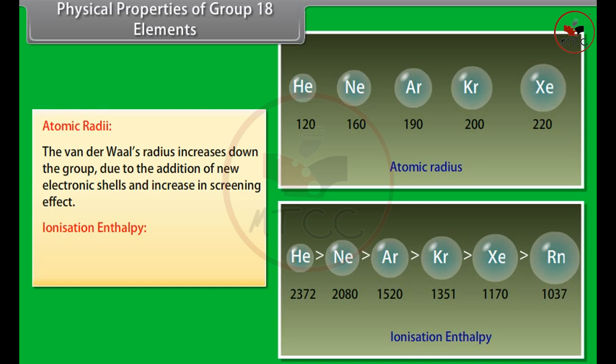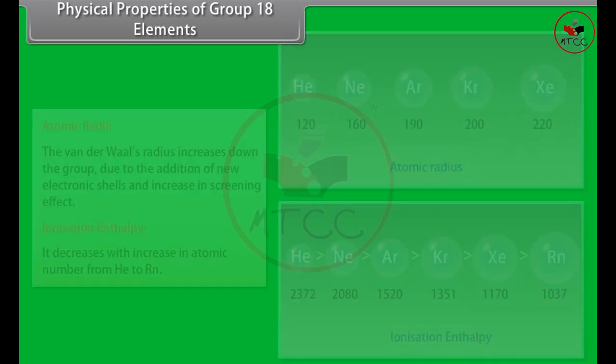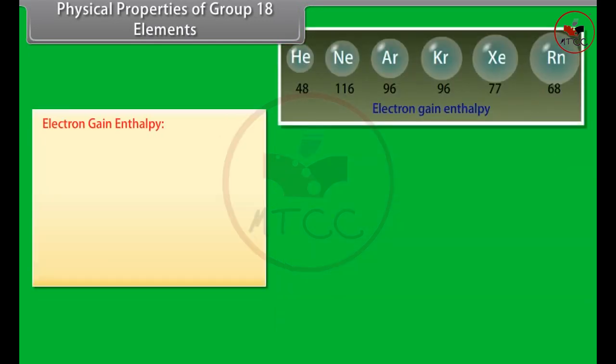This is due to the stable configurations of noble gases. It decreases with increase in atomic number from helium to radon. Electron gain enthalpy. Since noble gases have stable electronic configurations, they have no tendency to accept an electron and therefore have large positive values of electron gain enthalpy.